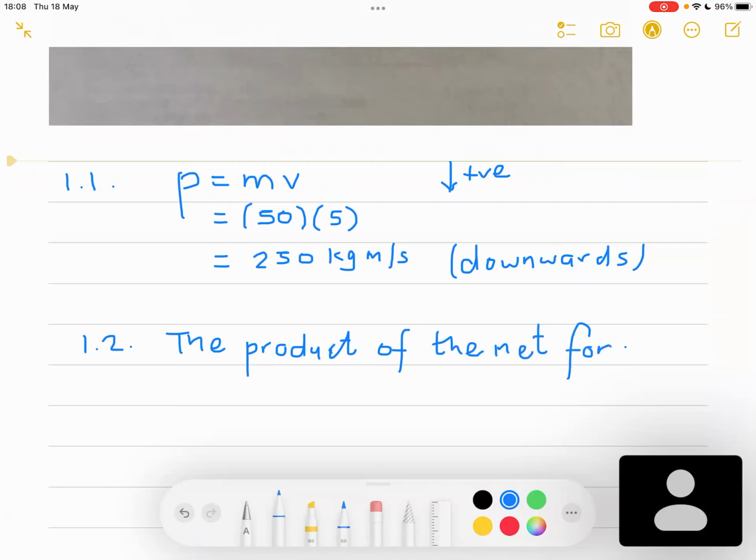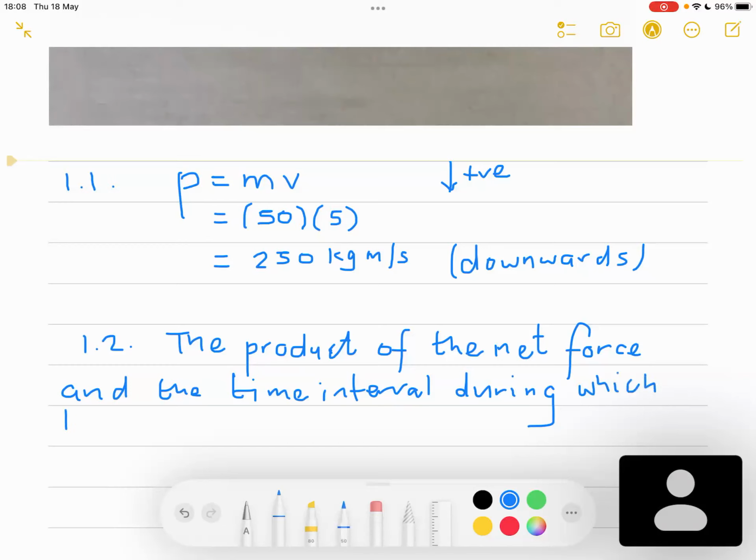The product of the net force and the time interval during which the force acts.